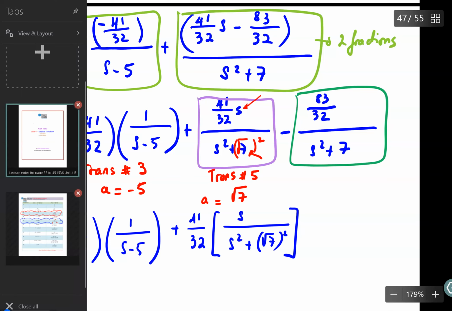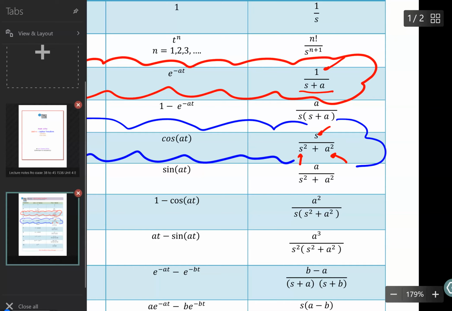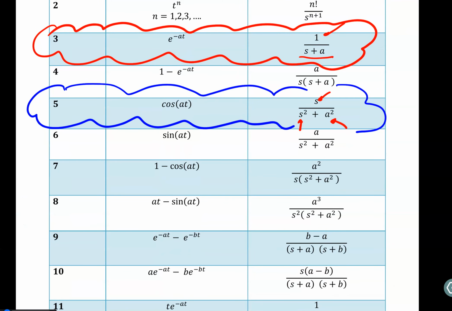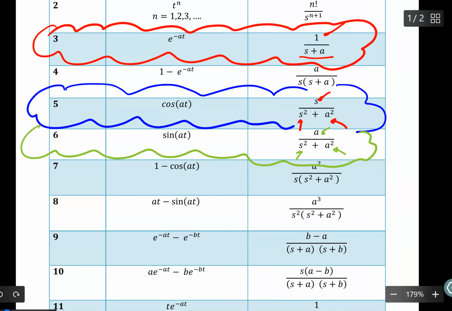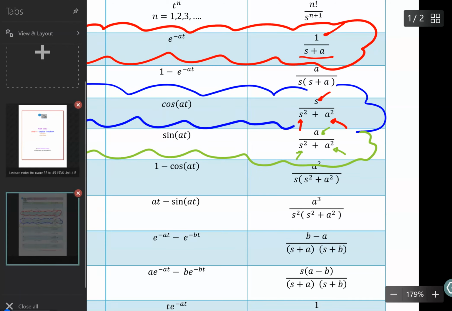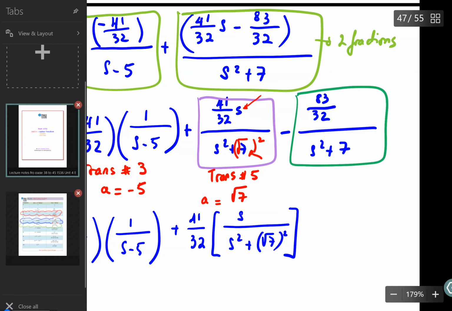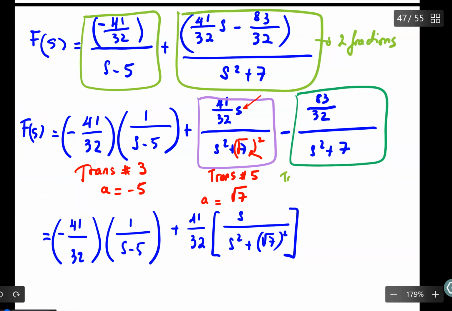So let's go to our Laplace transform table. On this table, I noticed that I have a squared, I have s squared, so I'm going to use transform number 6. Okay, so let's write out transform number 6. Transform number 6 says that I should have a over s squared plus a squared.